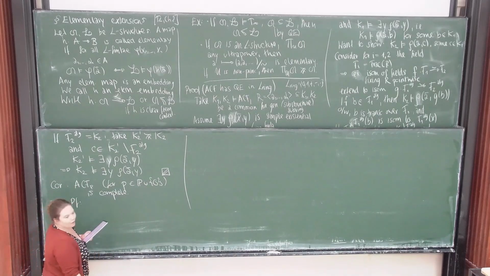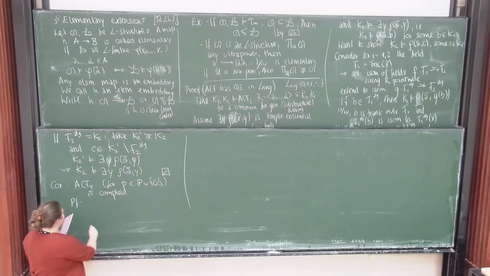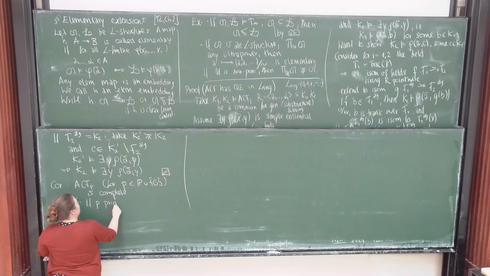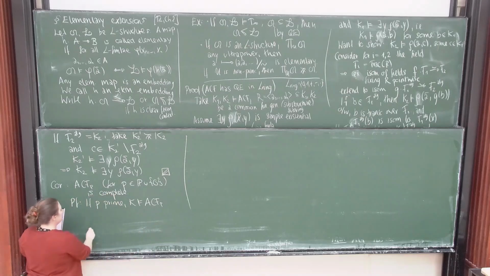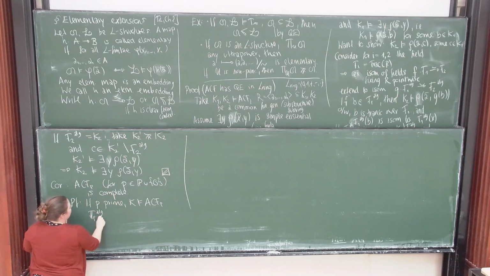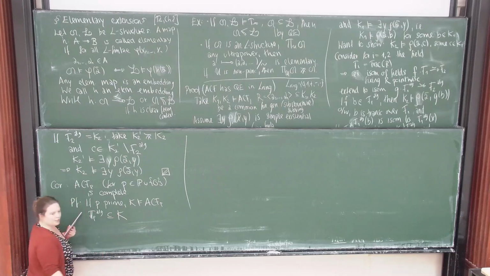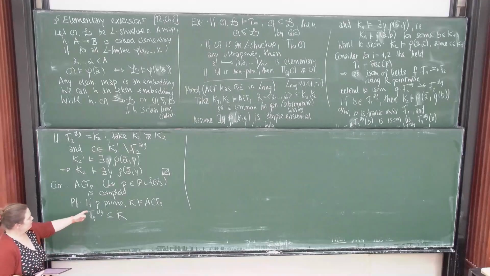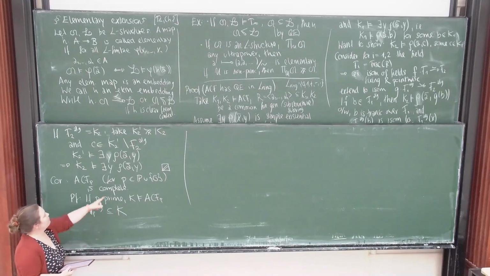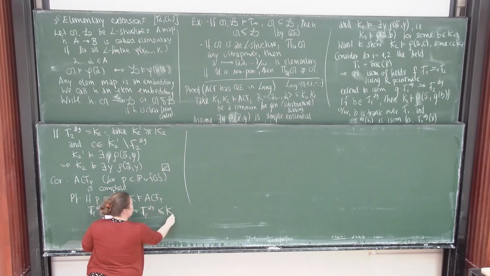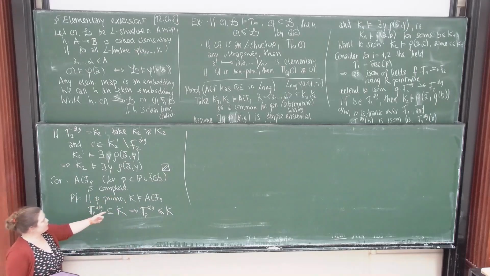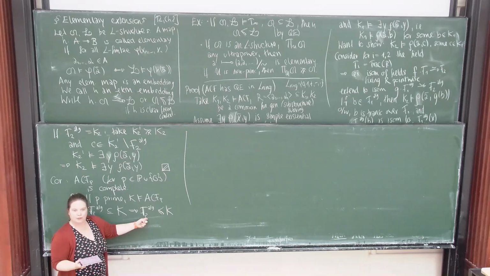Let's do it for p a prime, and you'll see immediately how it works otherwise. If K is a model of ACF_p, then F_p alg is necessarily a substructure of K. By quantifier elimination, F_p alg is an elementary substructure of K. So any algebraically closed field of characteristic p is elementarily equivalent to F_p alg, so the theory is complete. And for p equal to 0, you just use the algebraic closure of Q.